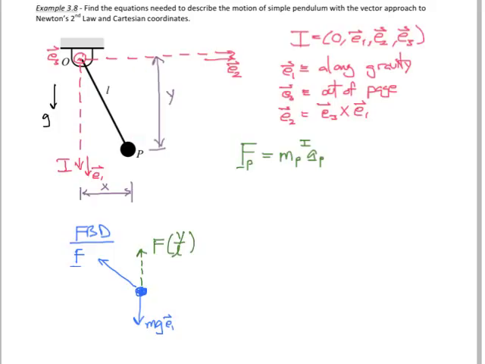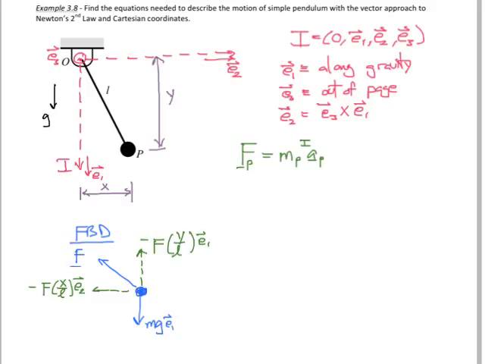So this is negative F with a proportion y over L in the E1 direction. Likewise, if we draw the E2 component as a proportion of F and then x over L, this component is pointing to the left, opposite of E2, so this would be negative F multiplied times x over L in the E2 direction.